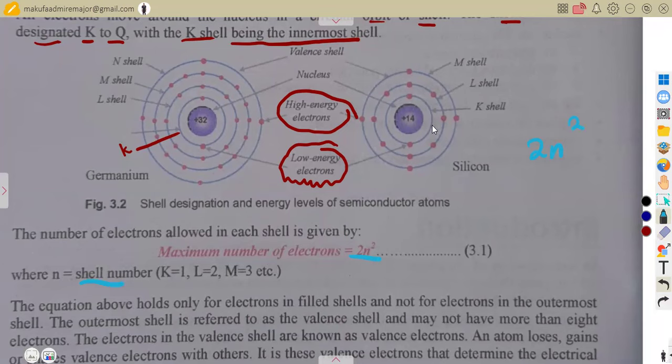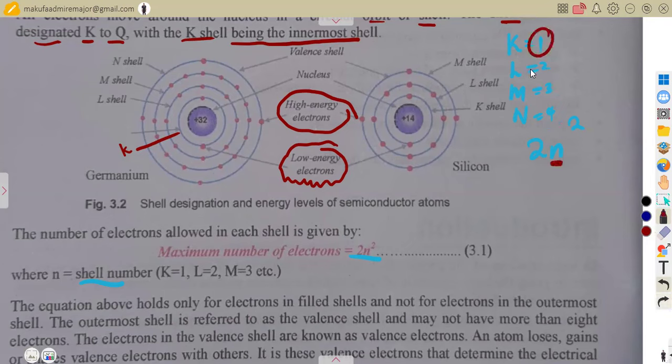So the K shell, which is the first one, and we go from K up to Q: K, L, M, N, and so on. So K is going to be 1, then 2, 3, 4, and so on. This is your n, the shell number, so that is the number you substitute in place of n.